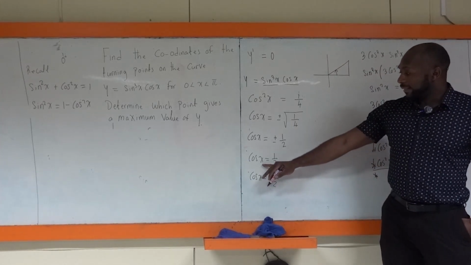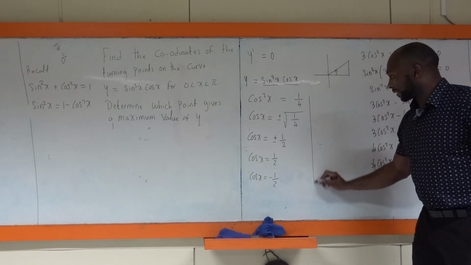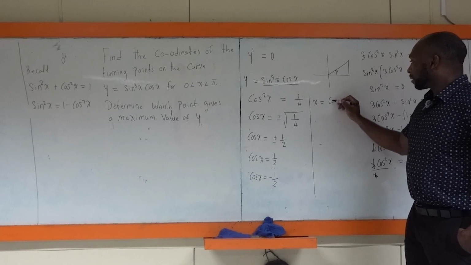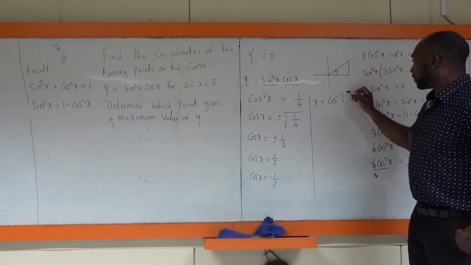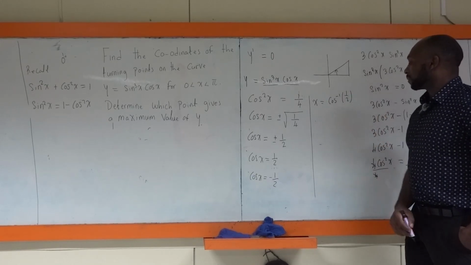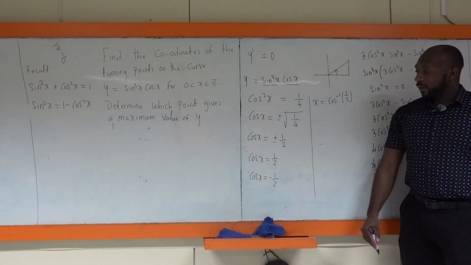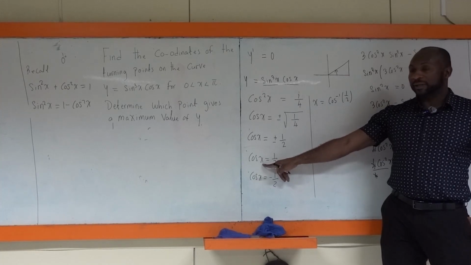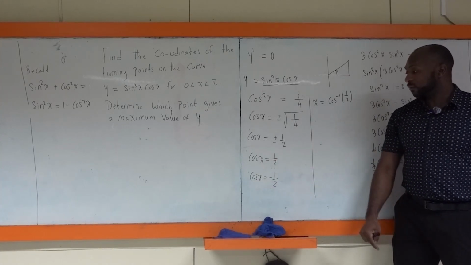So we know that to find x, we have x should be the cos inverse of 1 over 2. Or we know that for special angles, cos of 60 degrees is equal to 1 over 2.